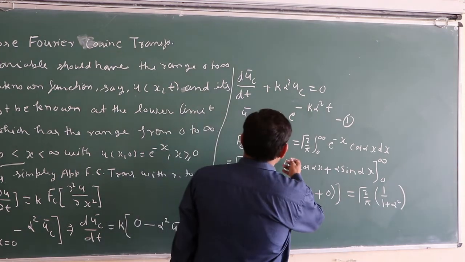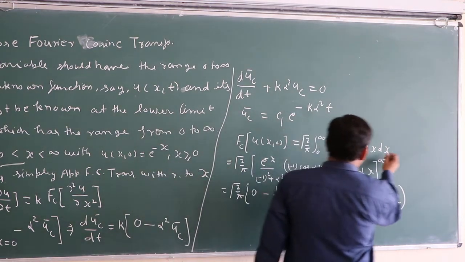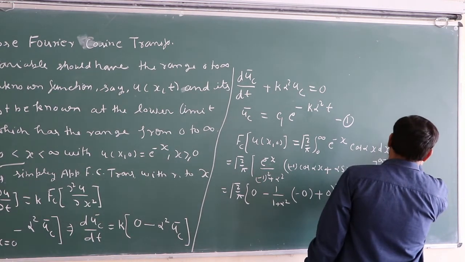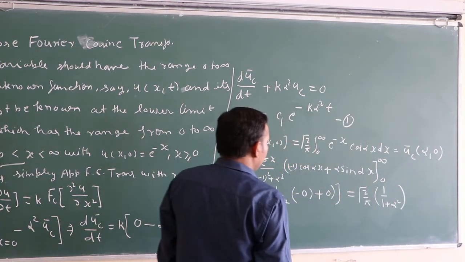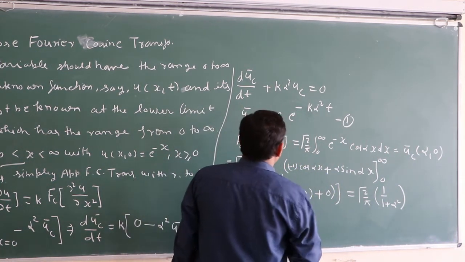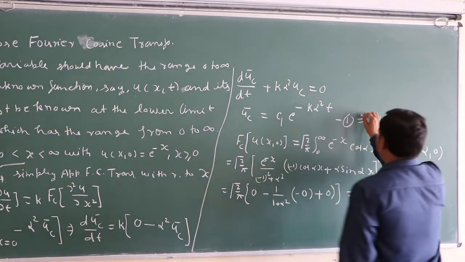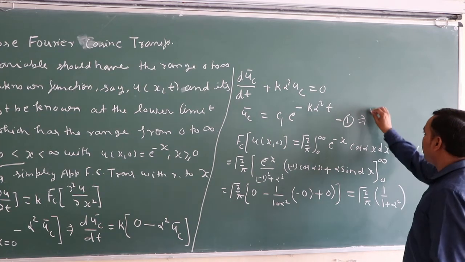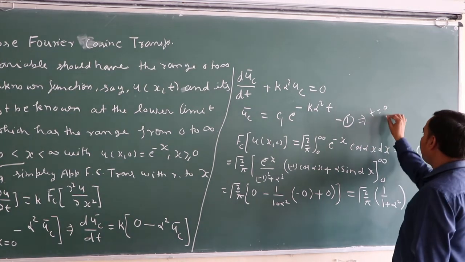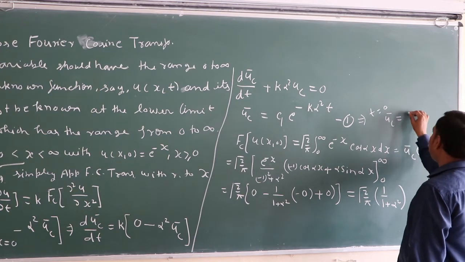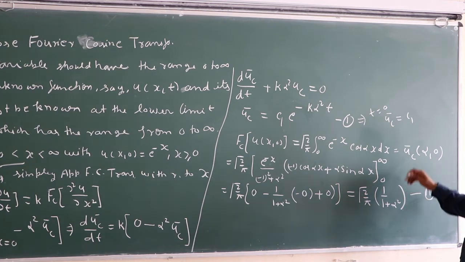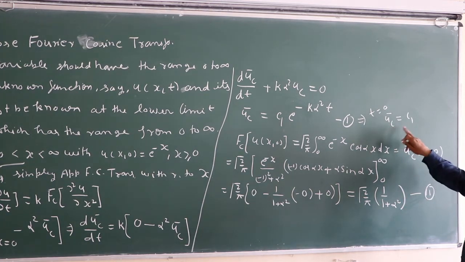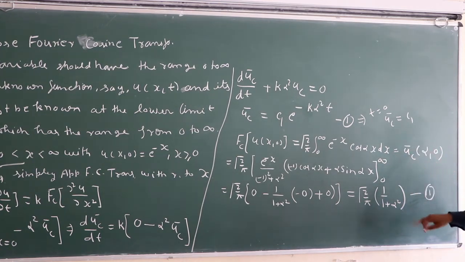So this can be written as u_c bar at t = 0. And here, if we put t = 0 in equation 1, we get u_c bar equal to c1. Call this equation 2. As we know, at t = 0 u_c bar equals c1, and at t = 0 u_c bar equals this one.